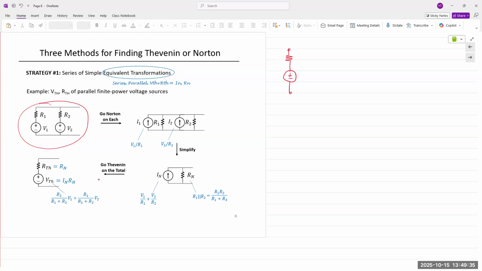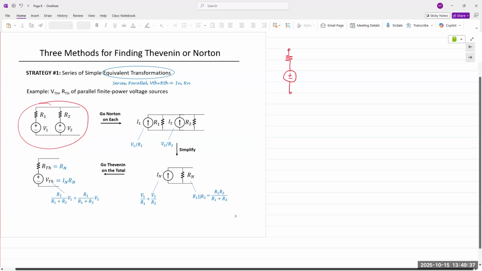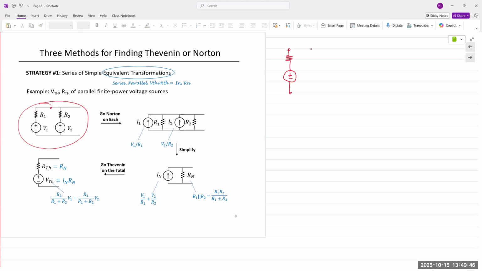You take out the voltage source with a resistor in series. You note down the nodes where it was connected. In this case, it's connected at these two nodes. And because it's connected at those two nodes, once we transform this, we have to plug it back into those two nodes, A and B. This can be transformed into a current source.